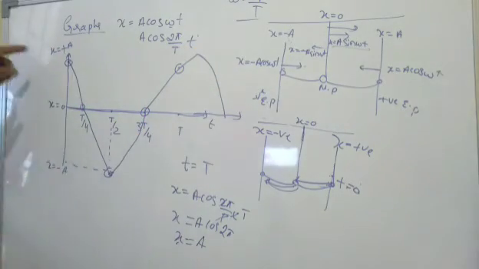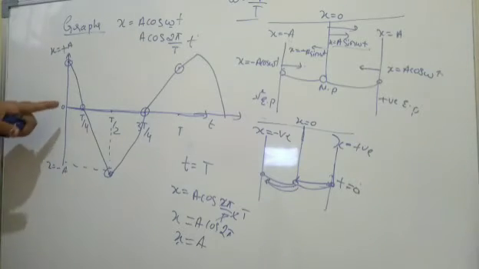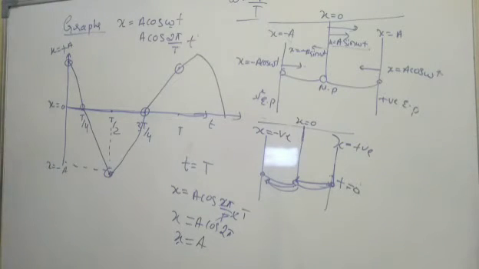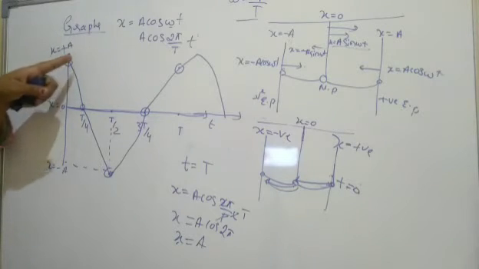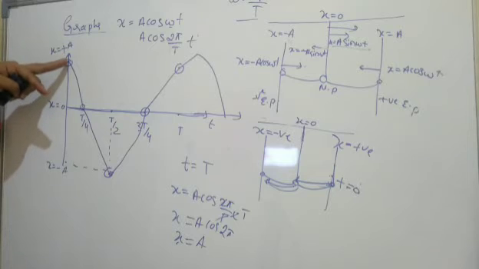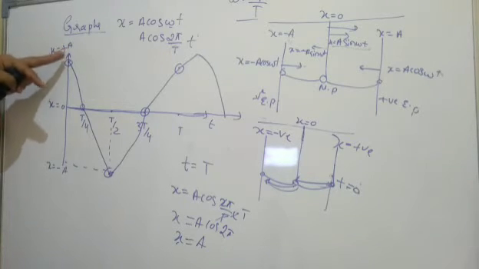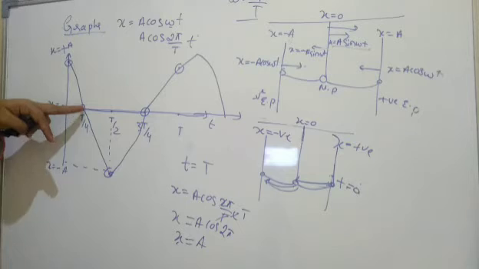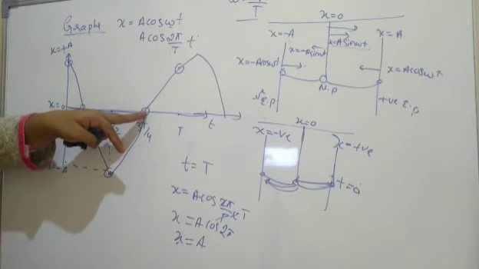Look at here. In the previous graph, the particle was moving from the mean position, x is equal to 0, to the maximum. Now the particle is moving from the extreme position to the mean position, that means x is equal to a to 0, extreme to mean.